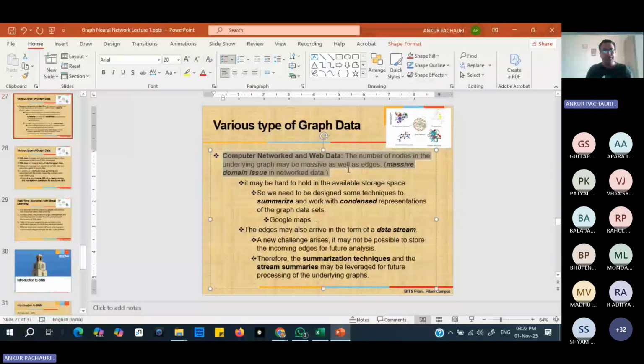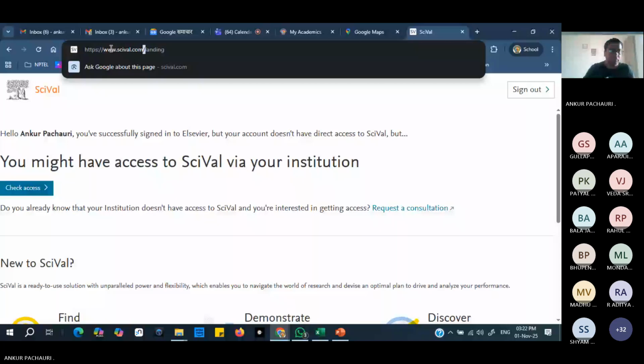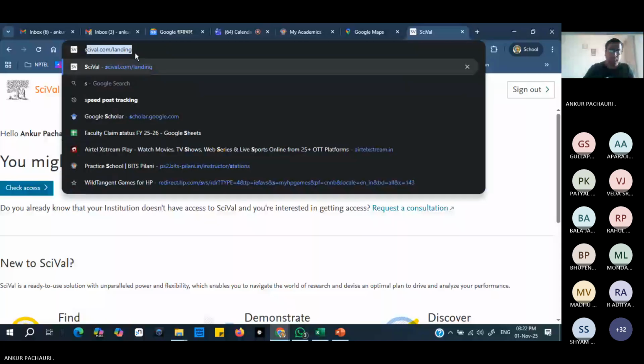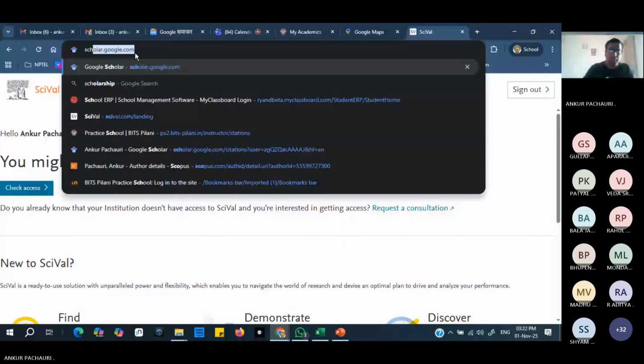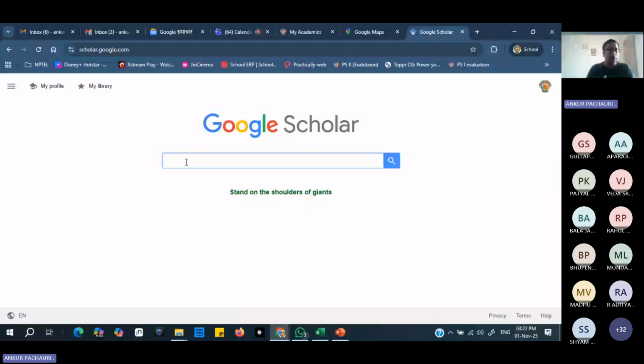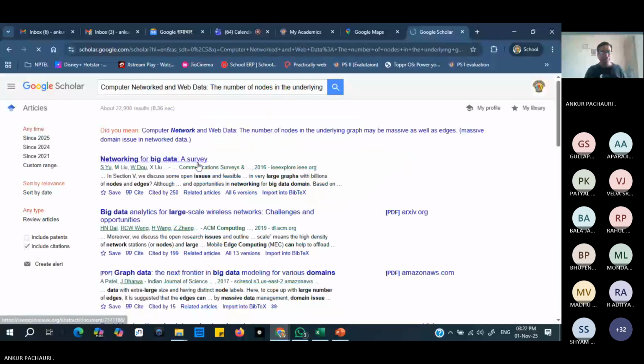Okay, let me search for this text on Scholar.google. Now suppose I am searching for some text. I was searching for computer and web data, the number of nodes in the underlying graph may be massive as well as the edges, whatever this statement is.